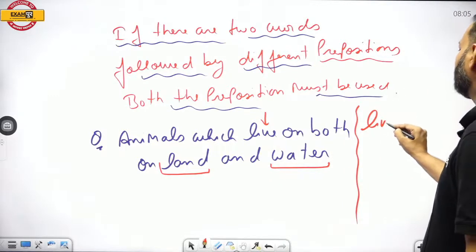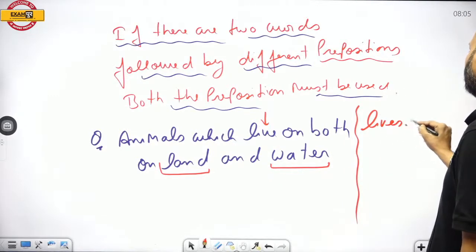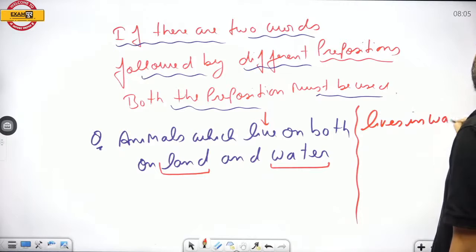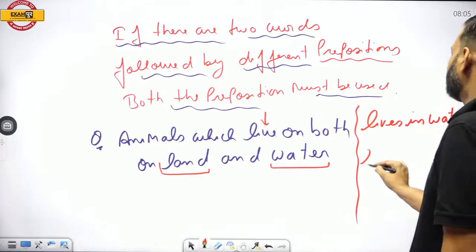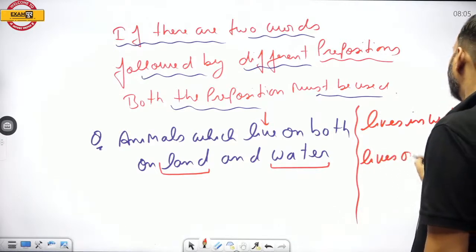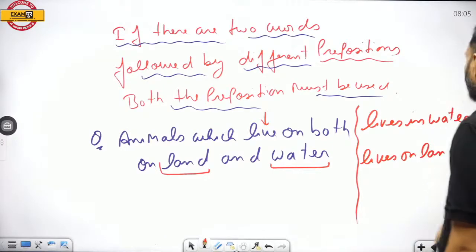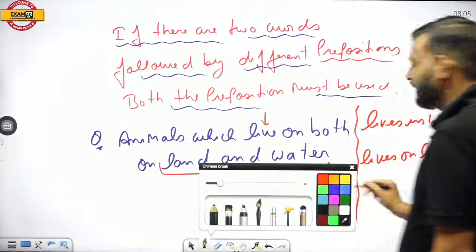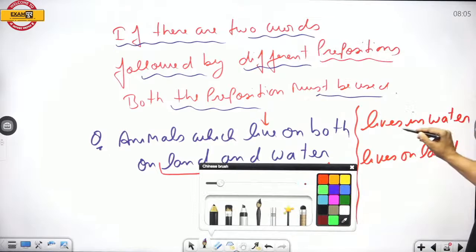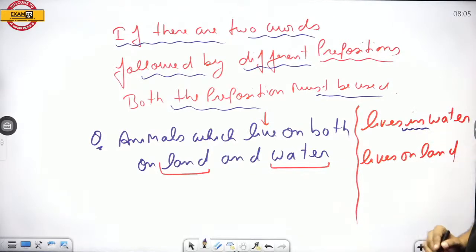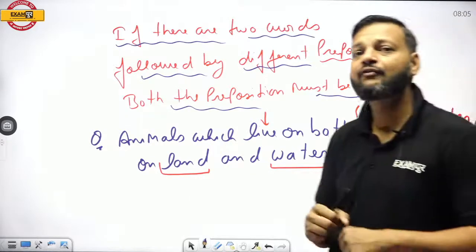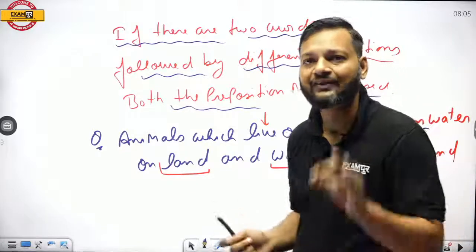Now if someone lives in water and someone lives on land, it means that with the word water we have to use in. Like we do not live on water, we do not live under water, we live in.